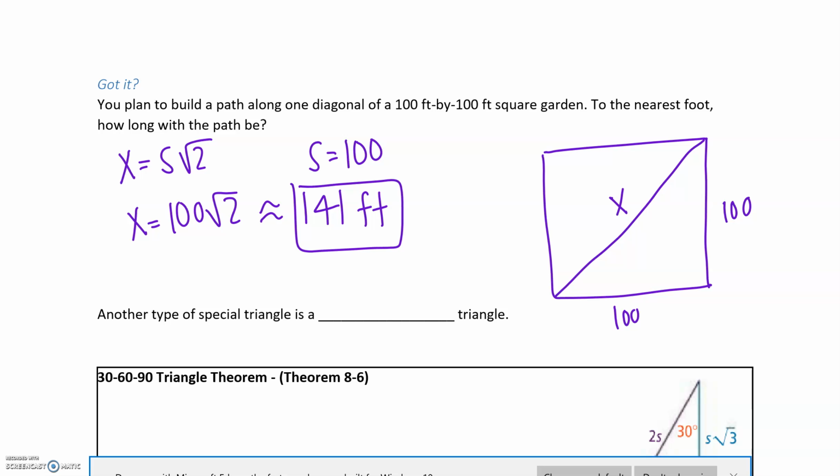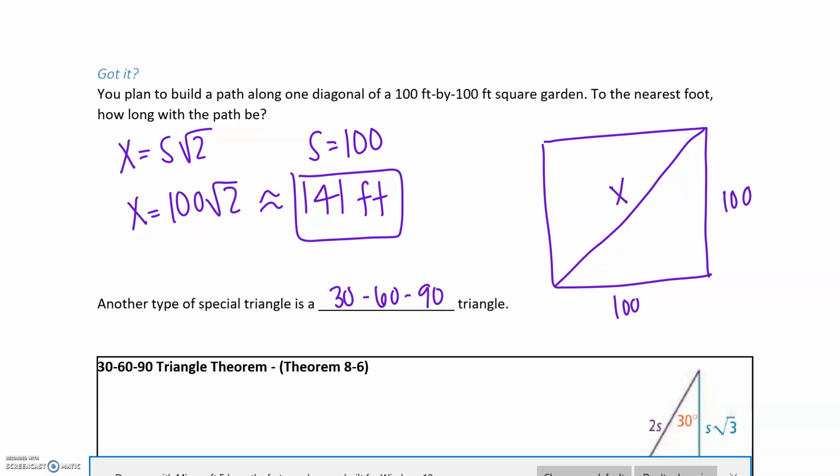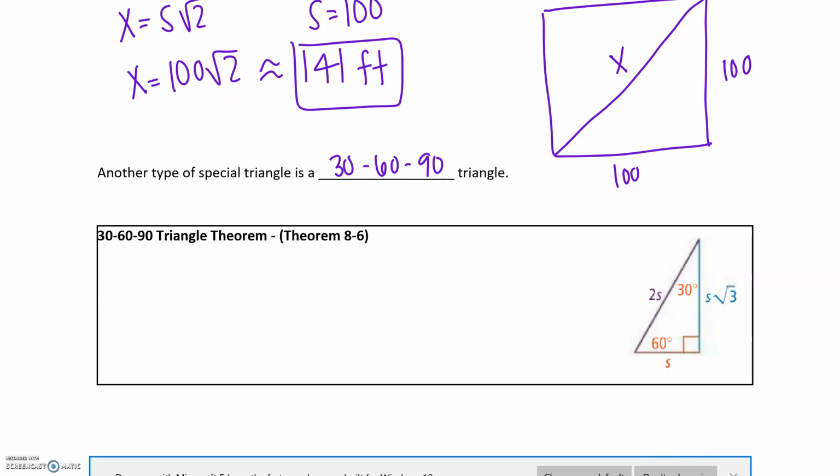The other type of special triangle we have is called a 30, 60, 90 triangle. Our 30, 60, 90 triangle has that our hypotenuse is going to equal 2s.